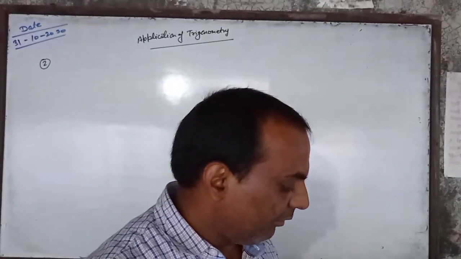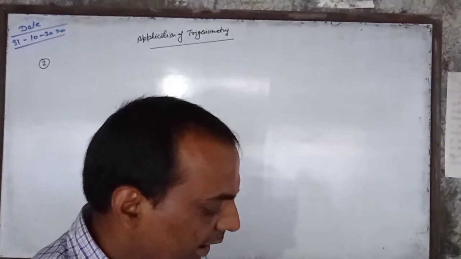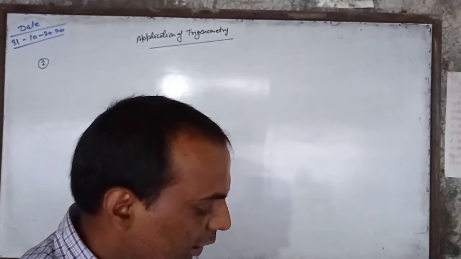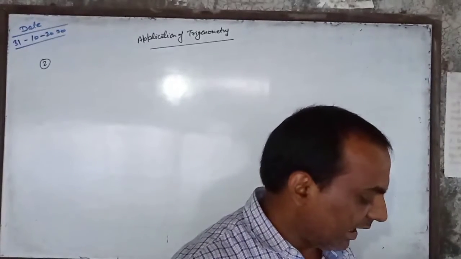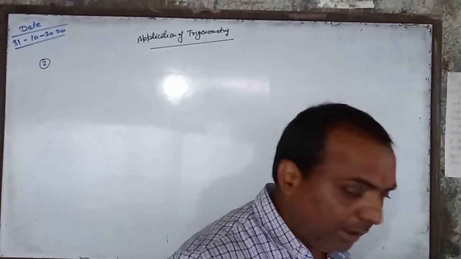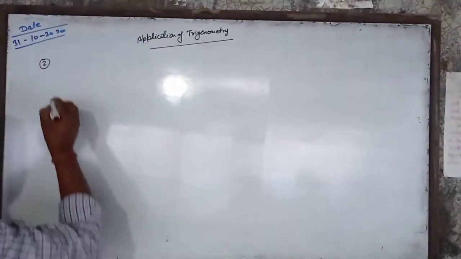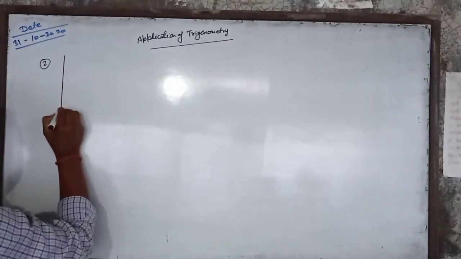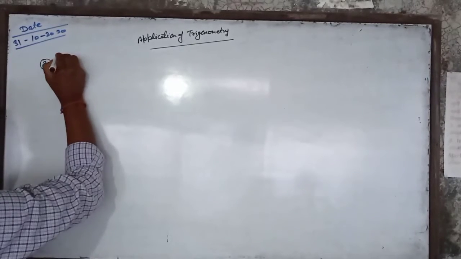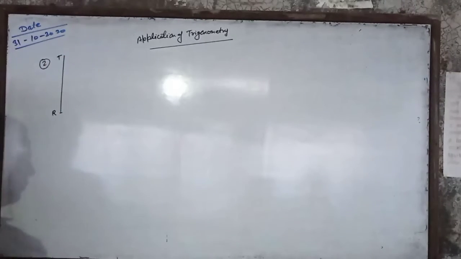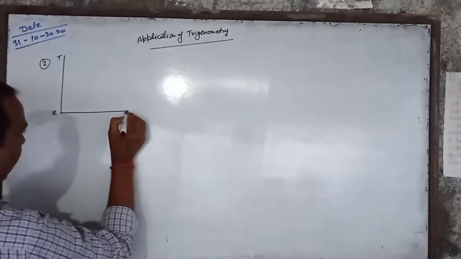The distance between the foot of the tree and the point where the top touches the ground is 8 meter. Find the height of the tree. It means a tree is such, let it be TR, and let this be the ground.